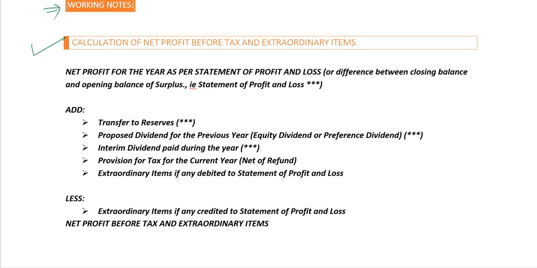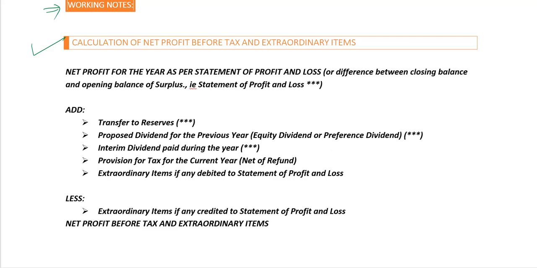We'll begin by taking the net profit for the year as per the statement of profit and loss. In case the balance sheet is given, the difference between the closing balance and the opening balance of surplus, that is the statement of profit and loss, will give us the net profit for the year. In case the answer is negative, it means it's a net loss, and the same will be shown in brackets as a negative figure.